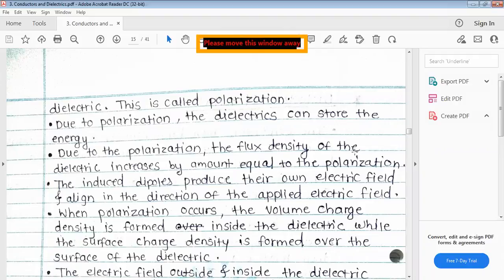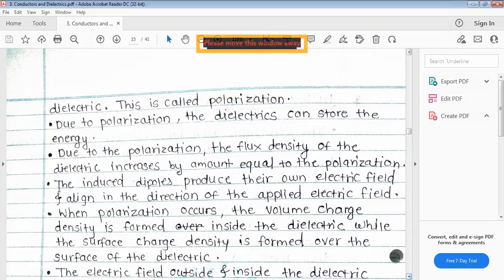Therefore the flux density will be more if there are more polarized atoms. So its flux density will also be more. Okay, the flux density of the dielectric increases by an amount equal to the polarization.